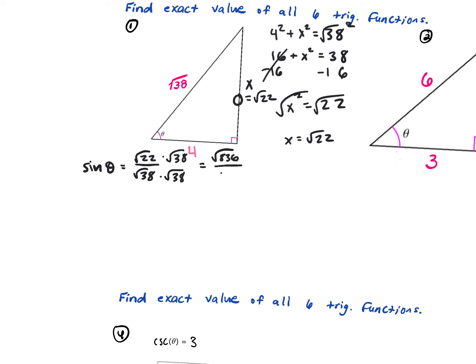And then over 38. 836 simplifies to square root 209 over 38. And then this simplifies to square root 209 over 19. So that's sine. Next, we have cosine.